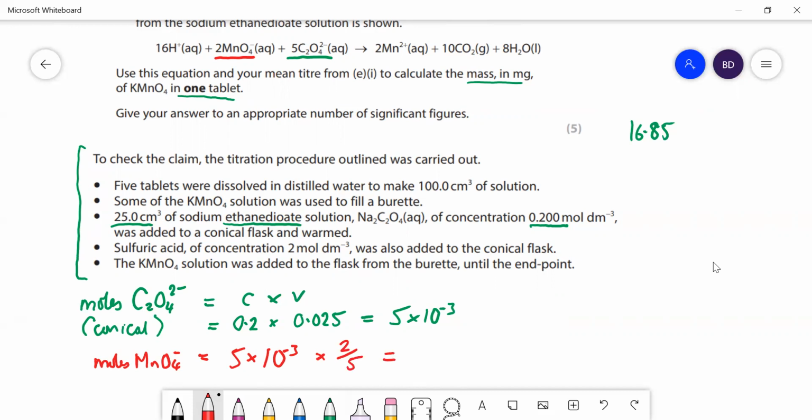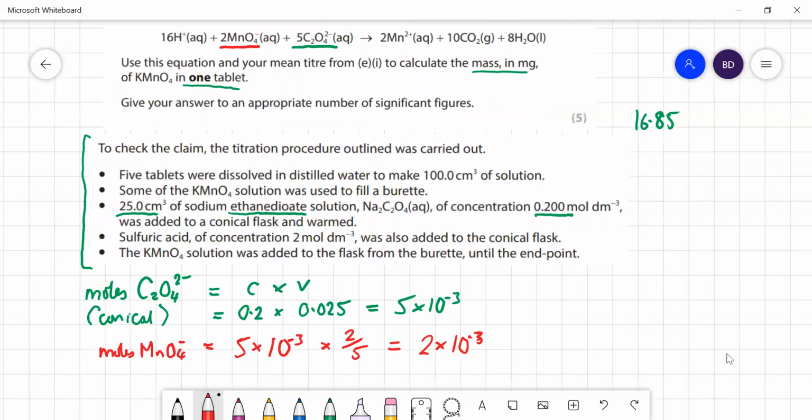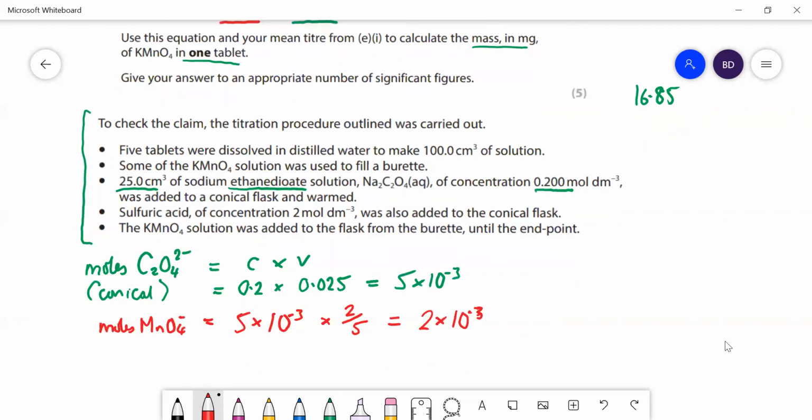And that gives us 2 times 10 to the minus 3 moles of manganate. Okay. Now this was the moles of manganate in the titer, which was 16.85 centimeters cubed.